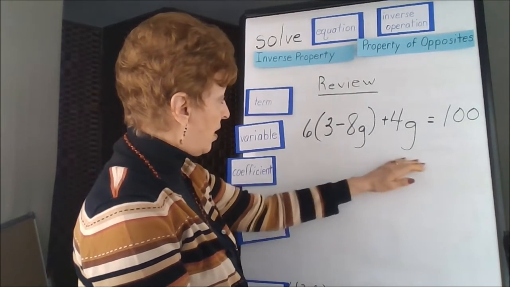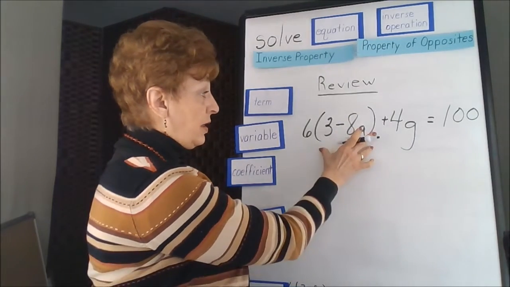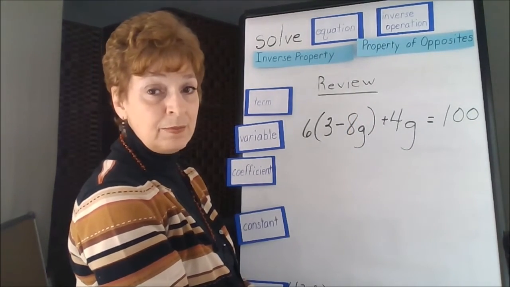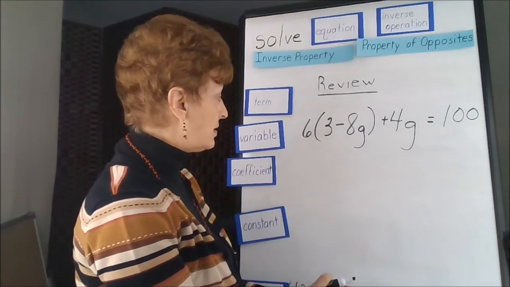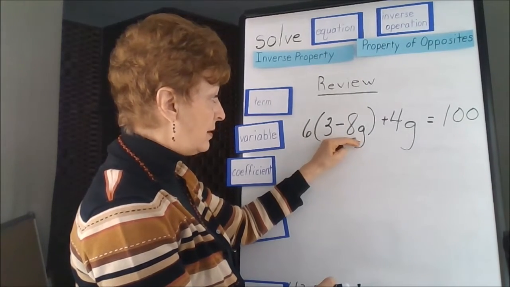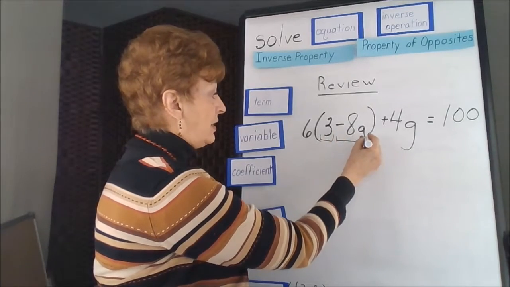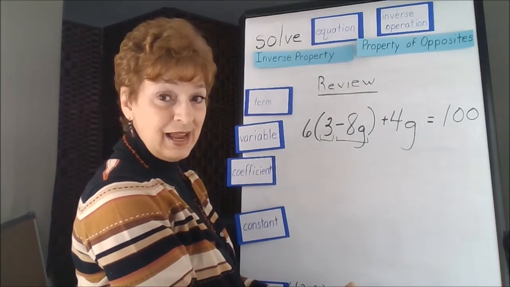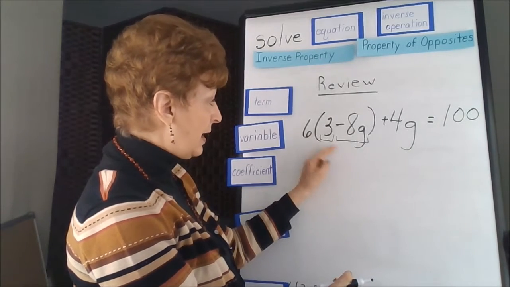Looking over our equation, I'm noticing that the parentheses just jump out at me because those are wildcards as order of operation determines. Within the parentheses, I'm supposed to be able to join the two terms, which are 3 and this negative 8g, but they don't really have anything in common. So there isn't any way that I can combine those.